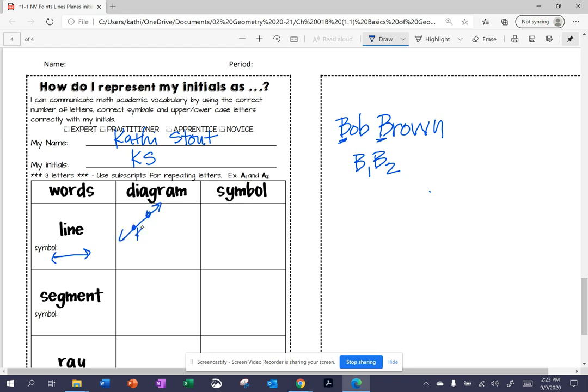It could look like this, or like this, or like this. There are many ways you can draw it. And for a symbol, this is line KS or line SK. Some of these you can do several different ways. For your assignment, you are going to finish representing your initials using our vocabulary.